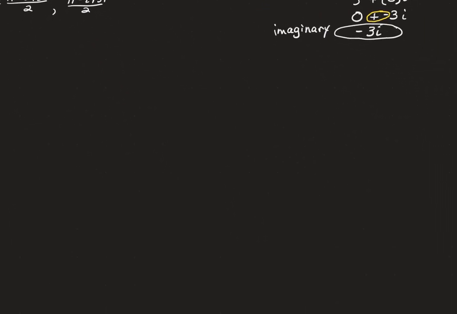So let's look at what happens if you multiply first imaginary numbers, and then we'll expand that to complex numbers. So let's say negative 5i times positive 3i. So two imaginary numbers, one of them negative, one of them positive.